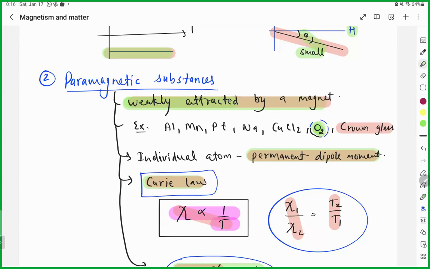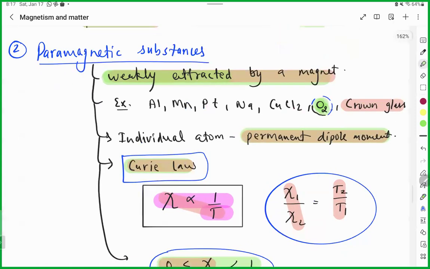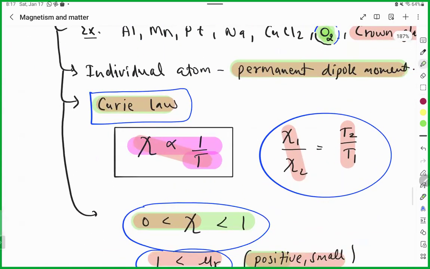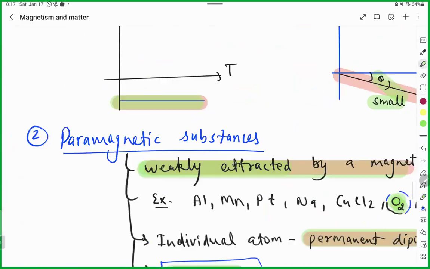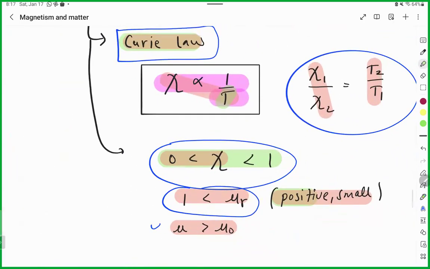But oxygen is important because it is given in chemistry also. Here you have a permanent dipole moment. In diamagnetic, there is no permanent dipole moment. And here you use Curie law, which says that your magnetic susceptibility chi will depend upon the temperature. In the last case, we said temperature independent. Here it is temperature dependent, inversely. And the chi value is positive.